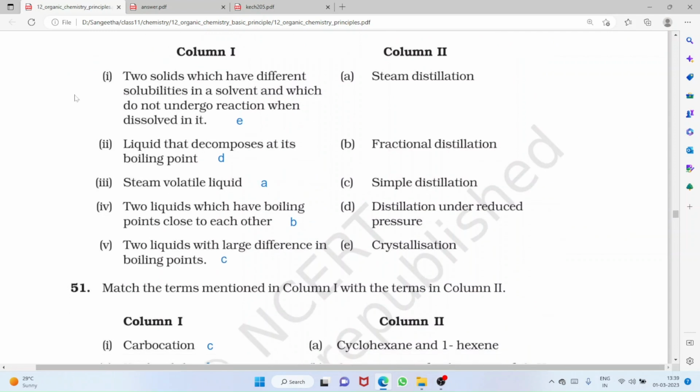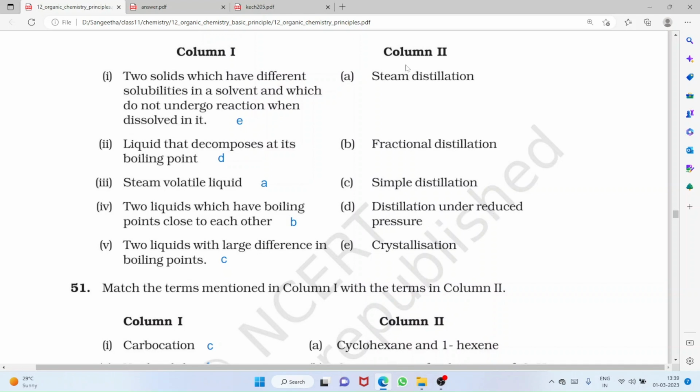Column 1, column 2. Two solids which have different solubilities in a solvent and do not undergo reaction: crystallization. A liquid that decomposes at its boiling point: distillation under reduced pressure.